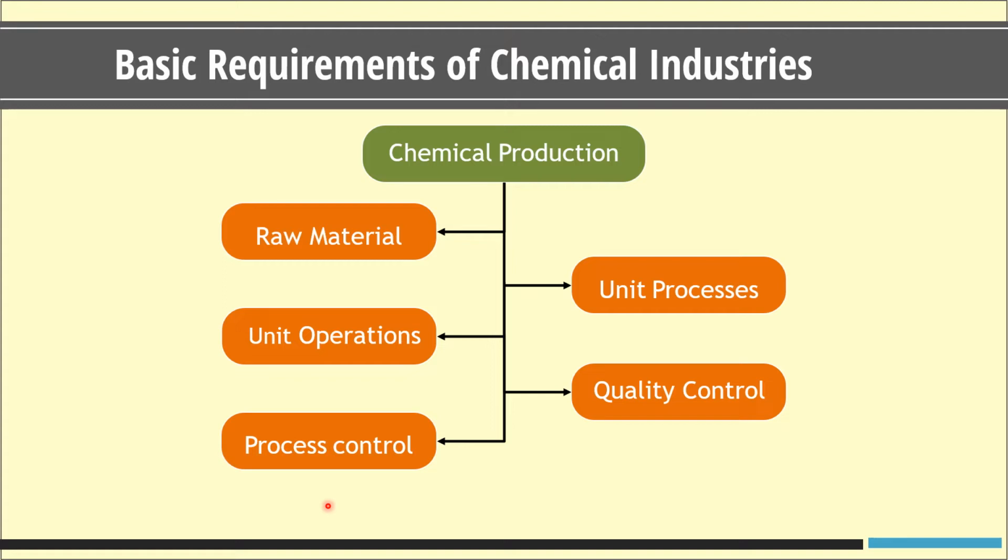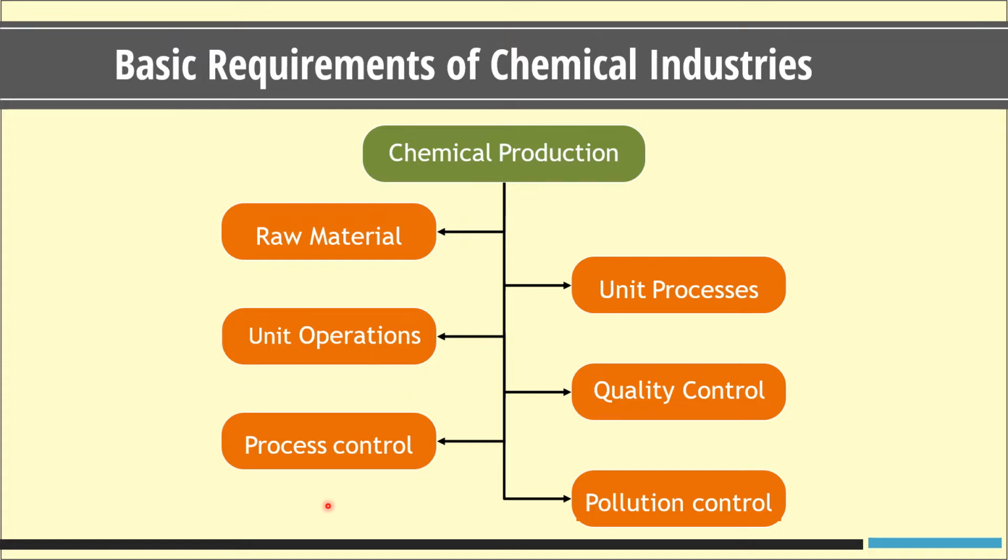So that is done in the process control. And after that, during the production of chemicals, three types of pollution generally occur: air pollution, water pollution, and environmental pollution.